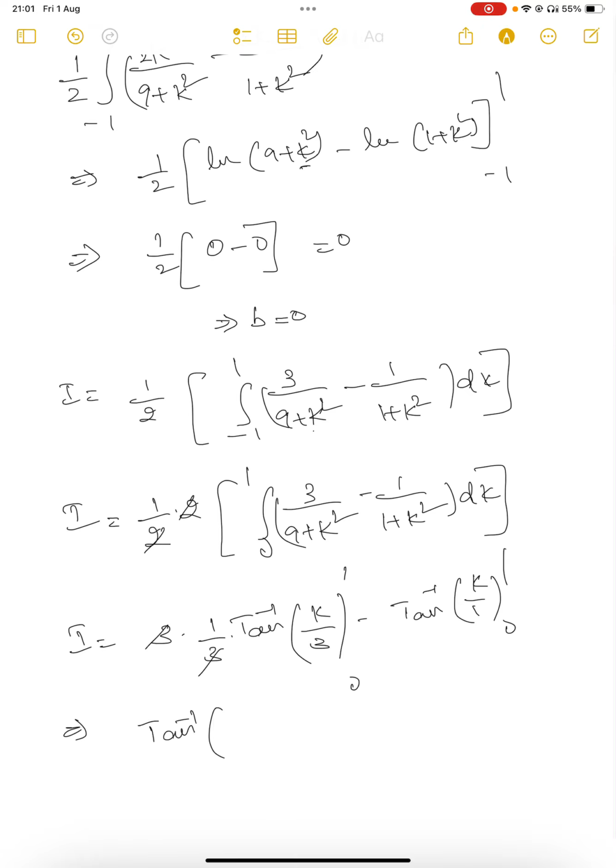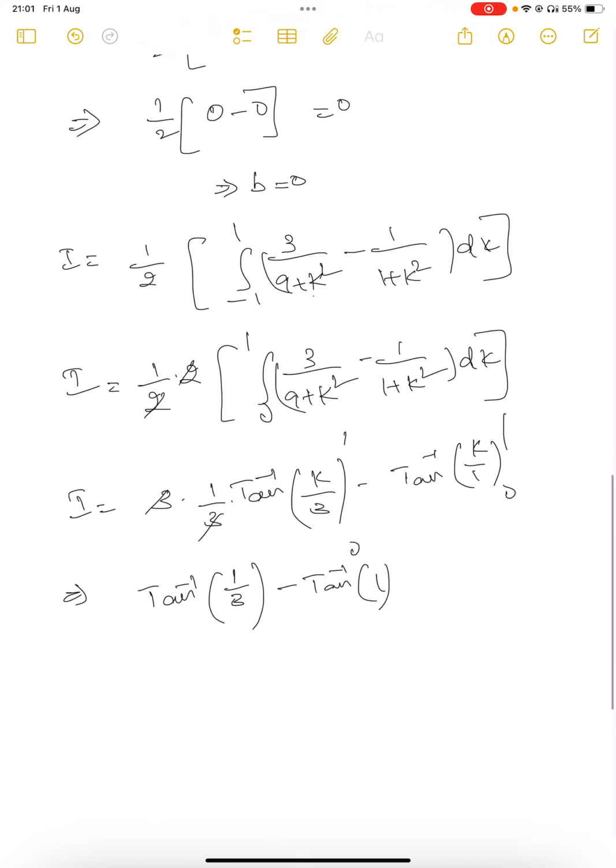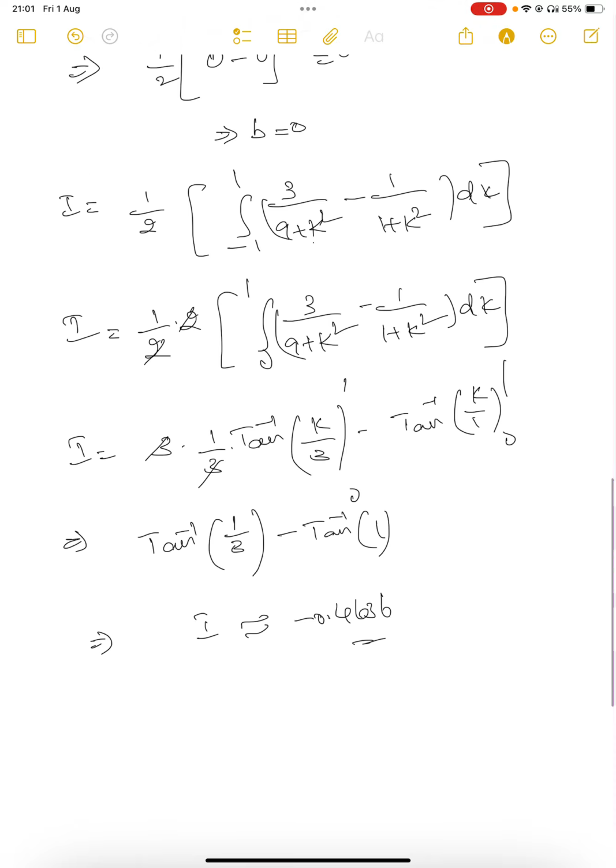It will be tan inverse of 1 by 3, k equal to 1, minus tan inverse of 0 which is 0. Then this will be tan inverse of 1. If you evaluate this, it will be nearly equal to pi by 4 minus 0.4636, a near value.